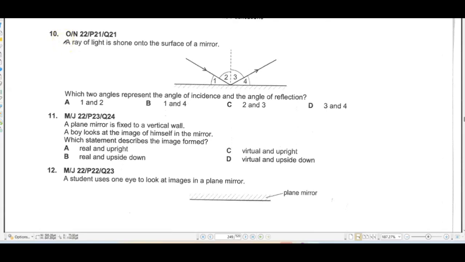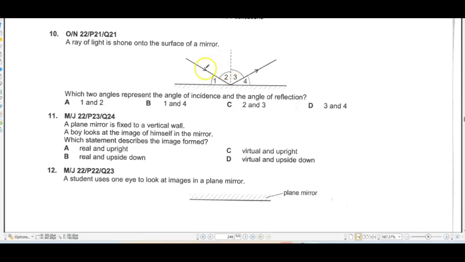Question number 10. A ray of light is shone onto the surface of the mirror. Which two angles represent the angle of incidence and the angle of reflection? So, the two angles that the incident ray and the reflected ray form with the normal are the angle of incidence and angle of reflection respectively.